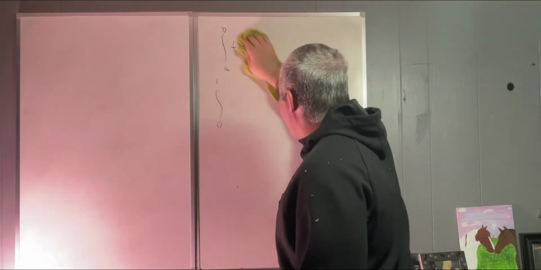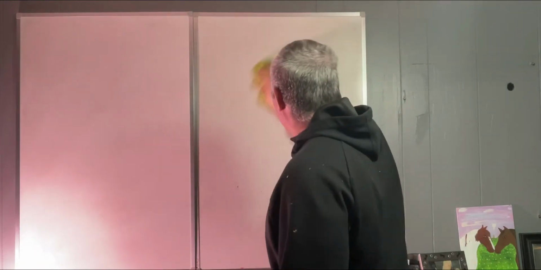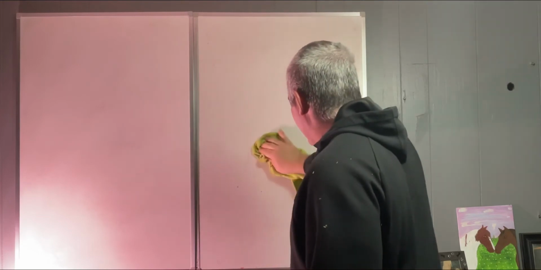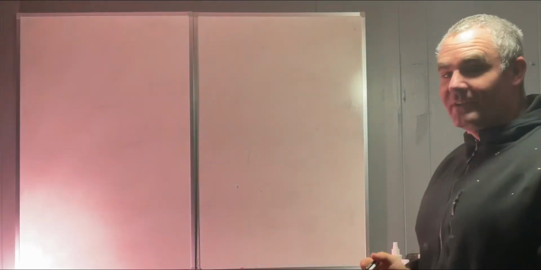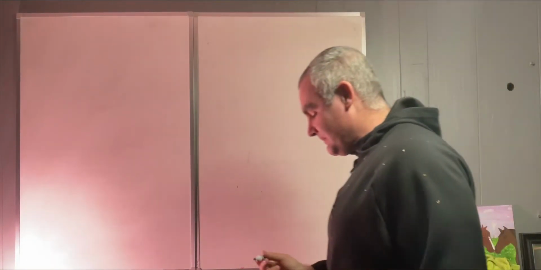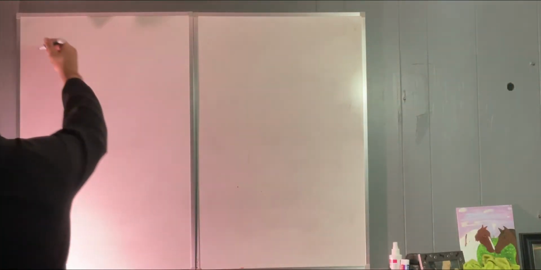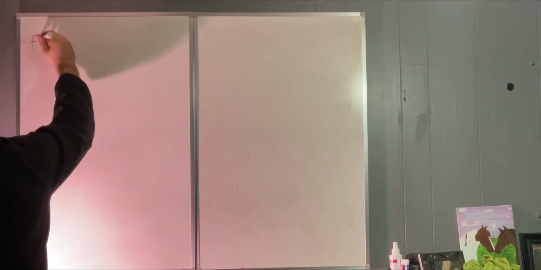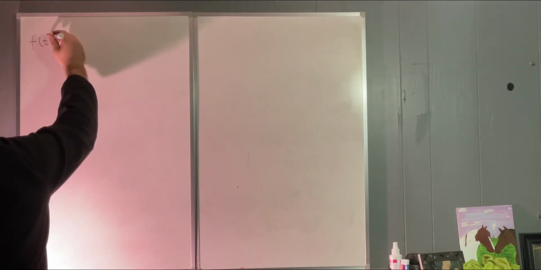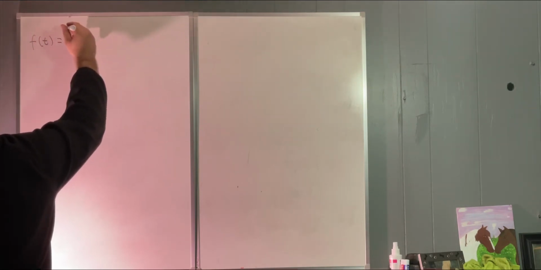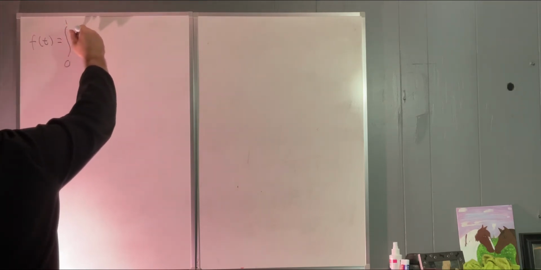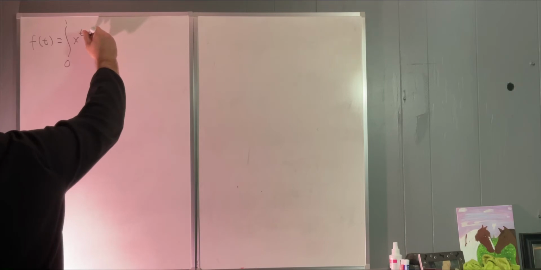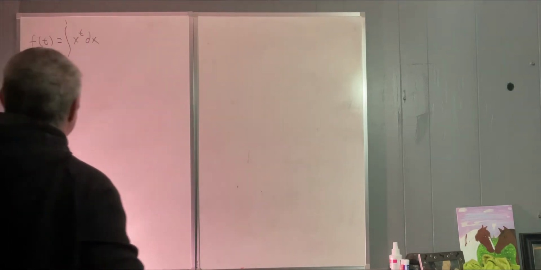So we figured out what we need our function to look like more or less in order to be able to recover factorials during the process of Feynman integration. So we have some function of t being equal to the integral from 0 to 1 of x to the t dx.